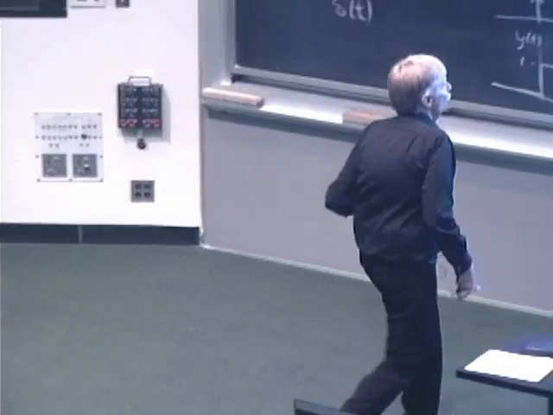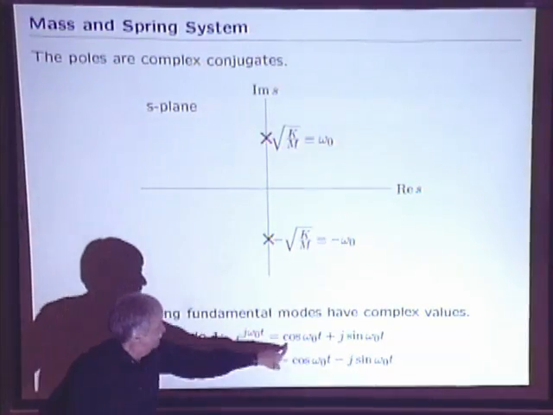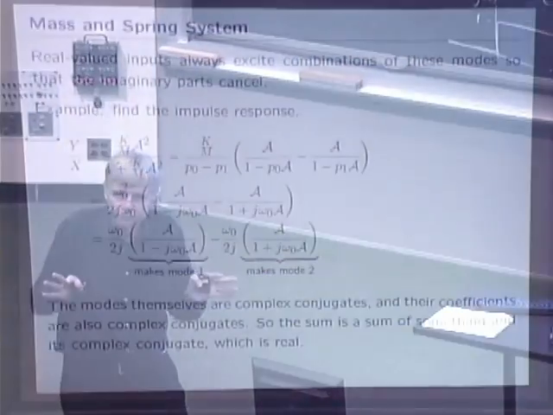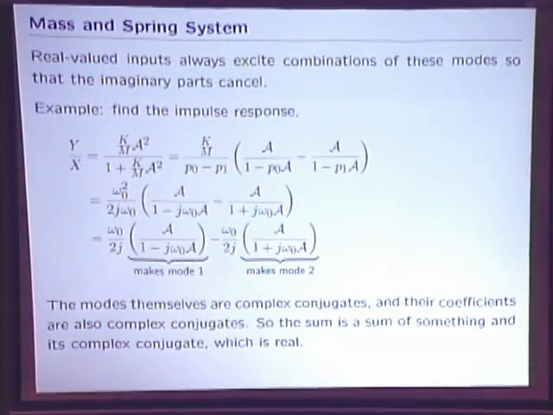Just like in dt, the complex poles gave complex modes. Here, the complex pole, j omega naught, gave a complex mode, cos omega t plus j sine omega t. And just like dt, the system conspires so that, it started out being a mass spring system.